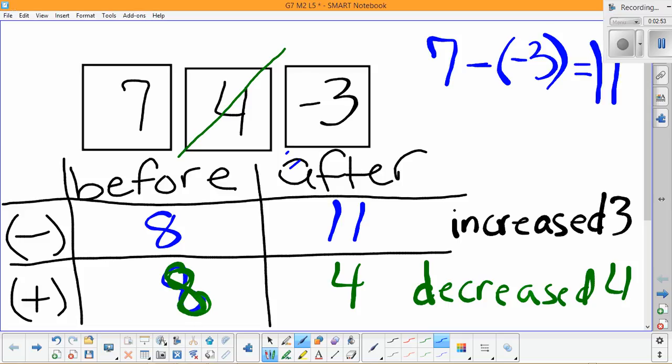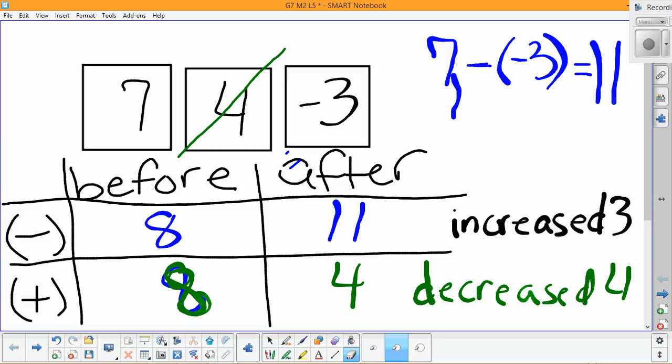Some of you may say that that seems kind of weird. My original score was 8, and I took away a negative 3, and I got 11.